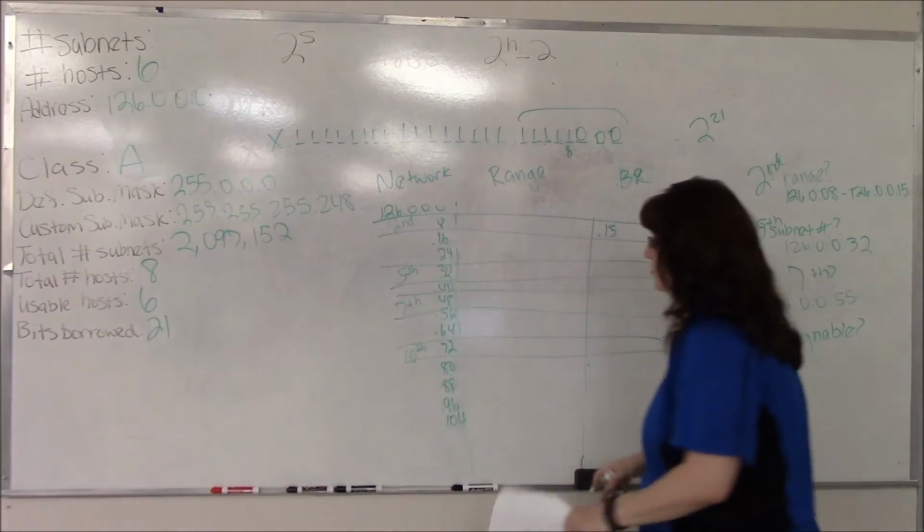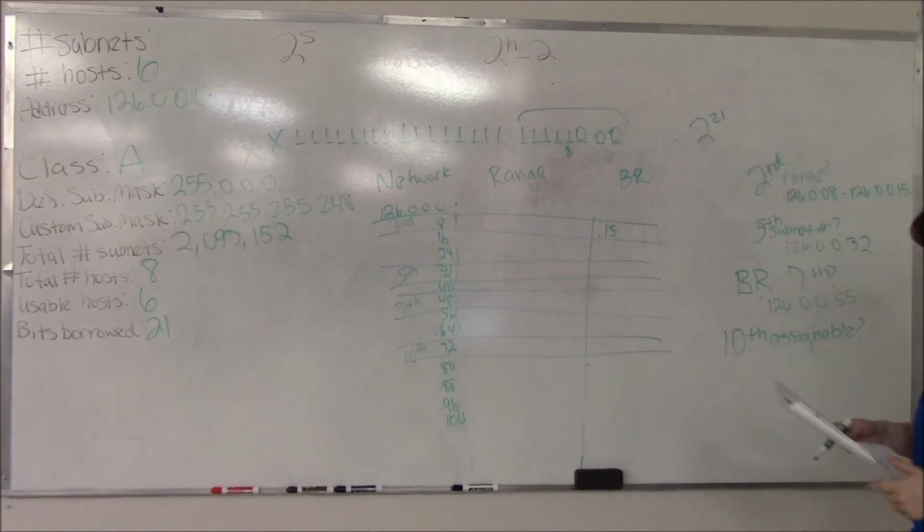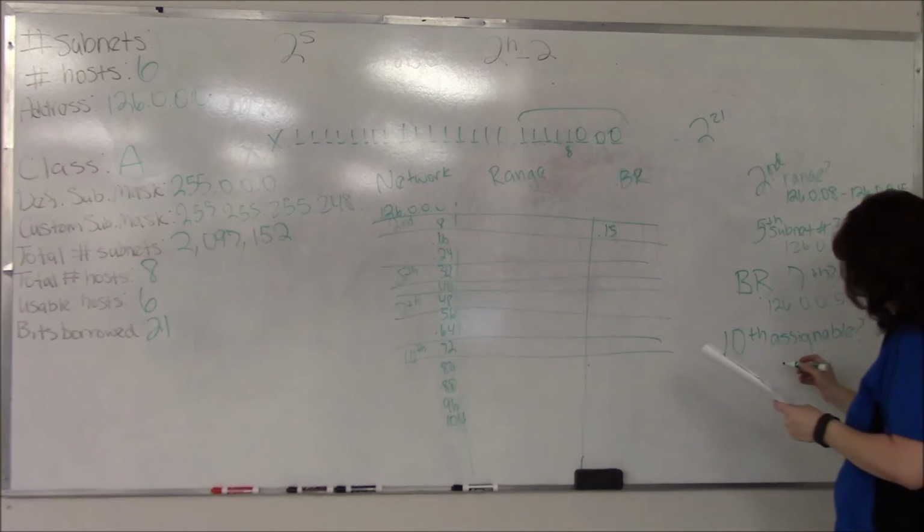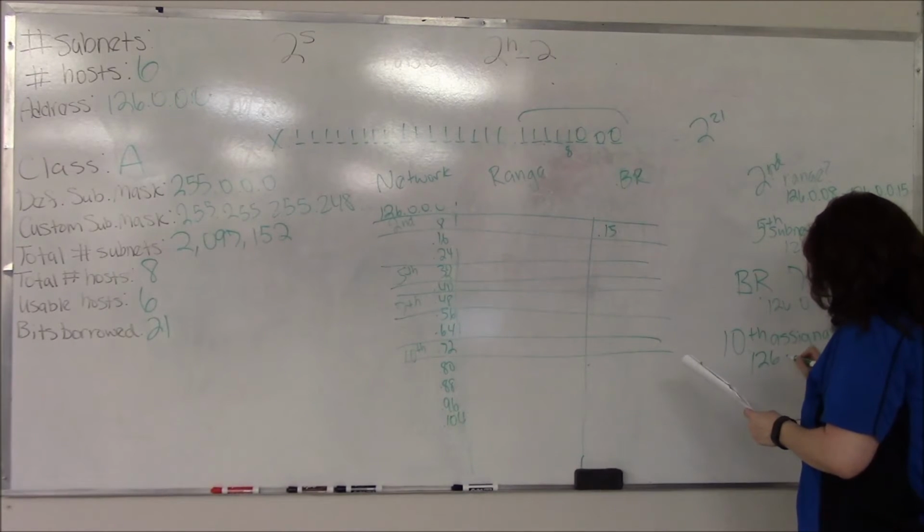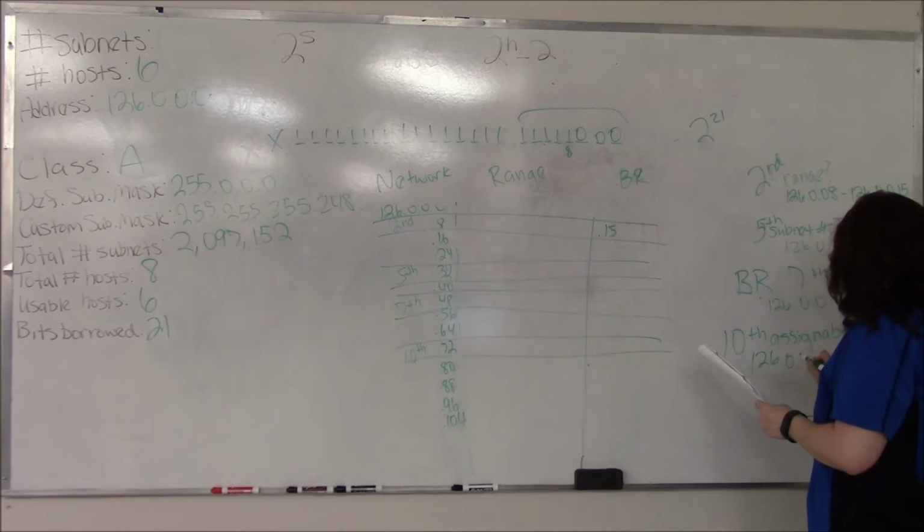What are the full assignable addresses of the 10th subnet? 126.0.0.73 to 126.0.0.78. There you go.